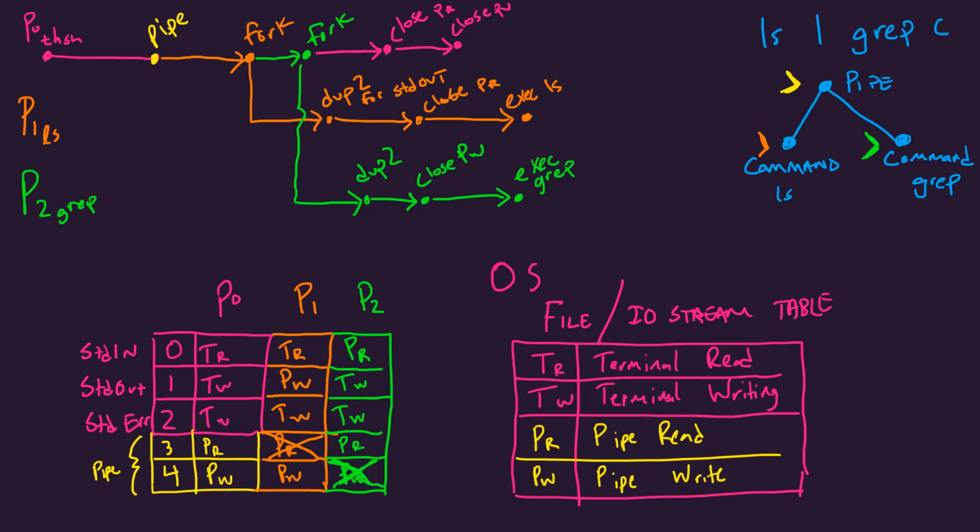And I'm going to change colors to red and just indicate which of these ends we're closing out. Okay, so we've closed these ends. All right, and the key thing that we want to be sure of is that while the pipe is open and while we're reading and writing from the two ends of the pipe in each of these processes, only one of these processes after this is all set up should have one of them open and be able to read or write from it.